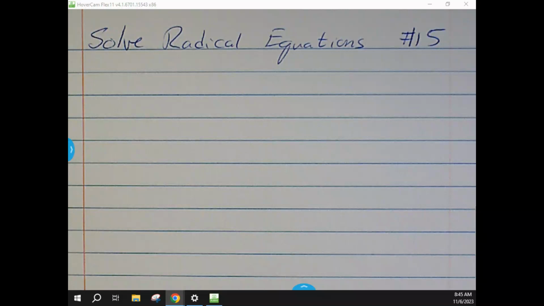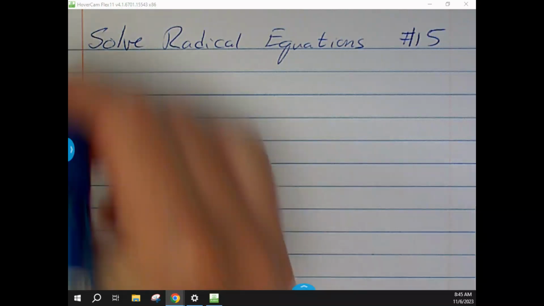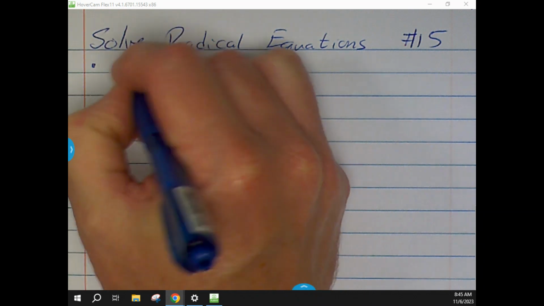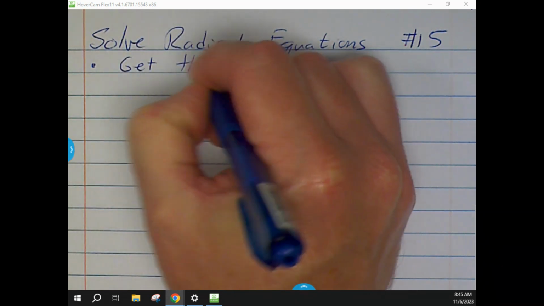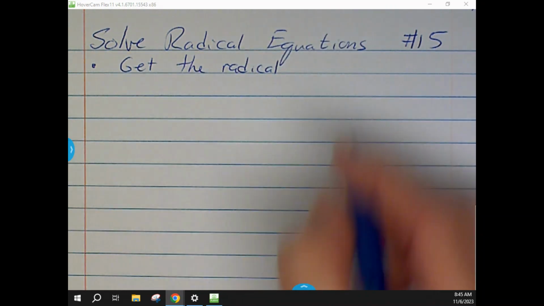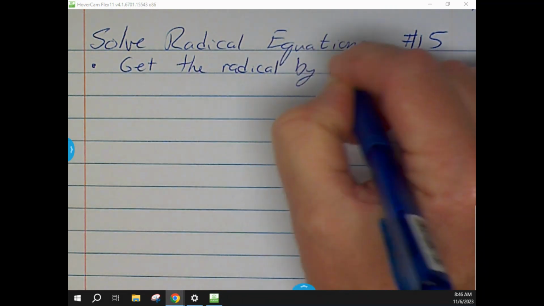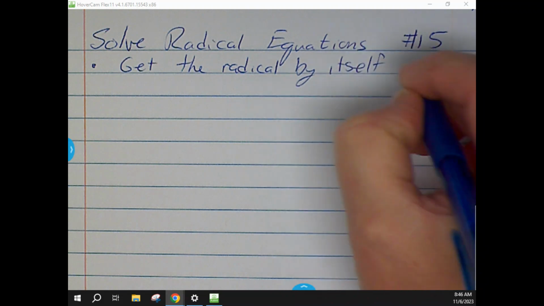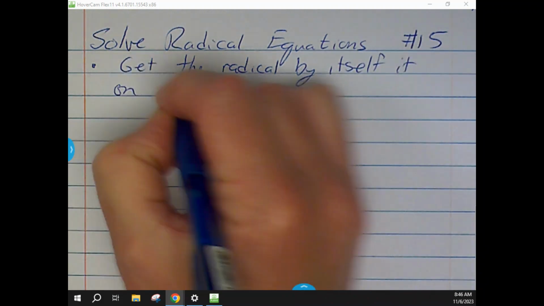Okay, so for solving radical equations, here's the big things that you're going to have to do. You're going to get the radical by itself on one side of the equation.